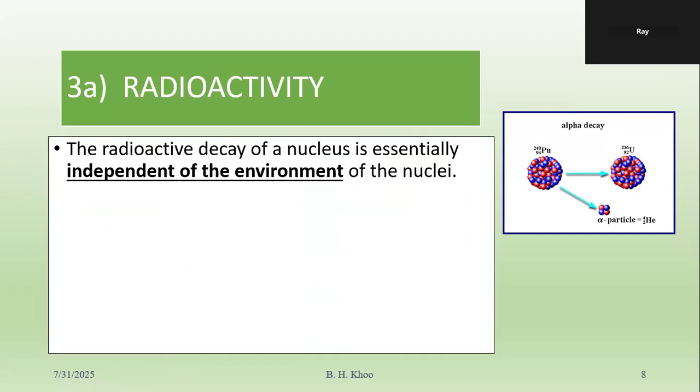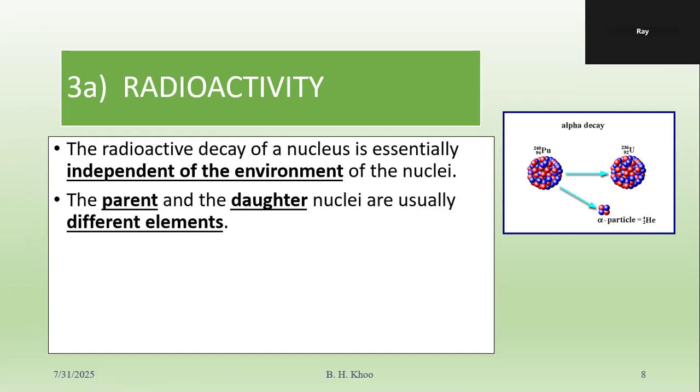That means it can be an atom, or it can be a compound, or it can be a cold environment or high pressure environment. So it's independent. It doesn't affect the radioactivity. Parent and daughter are usually different elements.